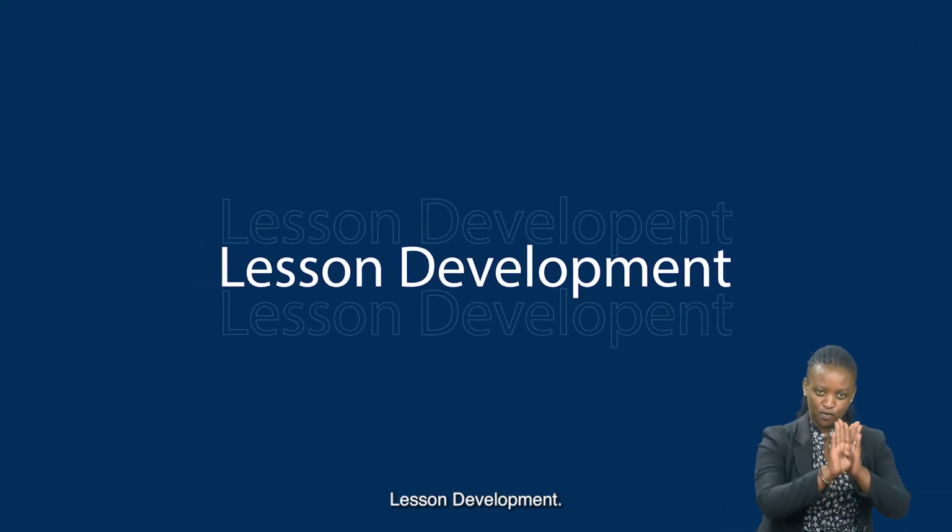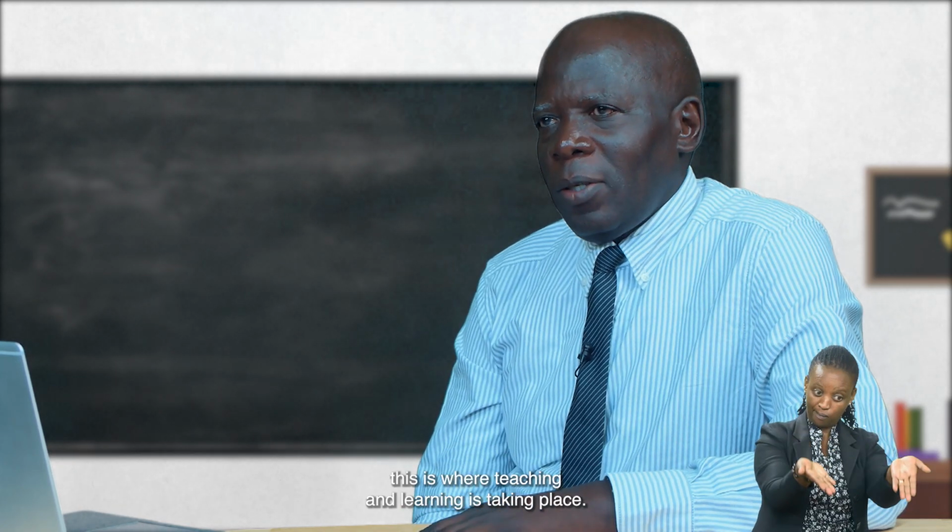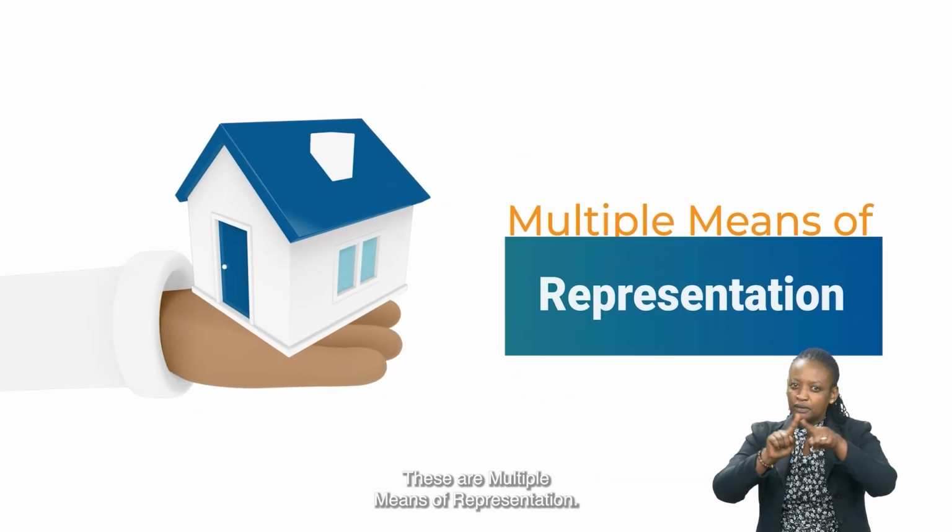Lesson development. In the lesson development, this is where the real teaching and the real learning is taking place. In the real teaching and real learning, a teacher uses two principles of UDL. These are multiple means of representation.